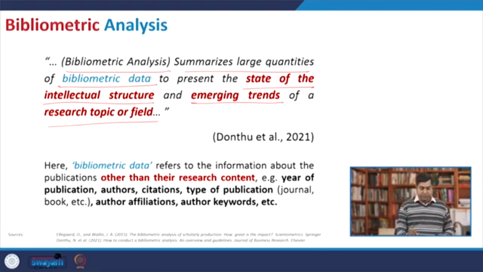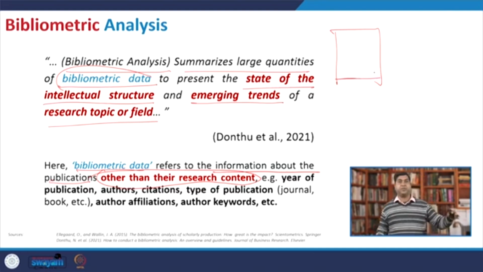And what is bibliometric data? That is very important for us. Bibliometric data refers to the information about a publication. The catch here is, other than their research content. That means in a paper there is a title, there is certain author information, and then you have the abstract, then you have introduction, methodology and different sections.